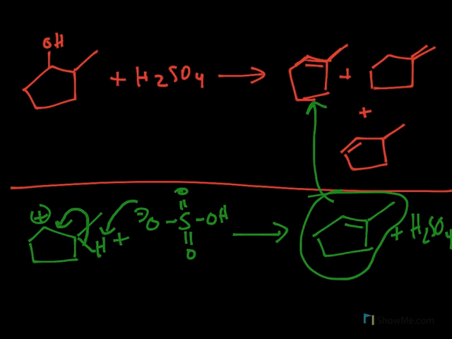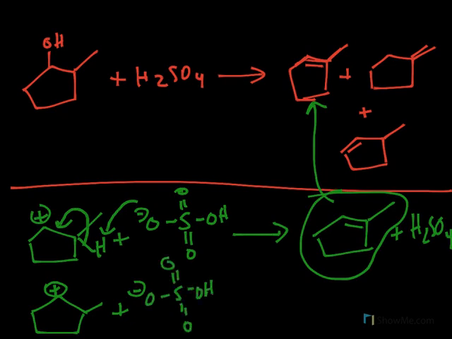Another product that can form, I'm going to draw it right here, is going to be this guy right here. So what happens if I instead grab this hydrogen right there, because that's also possible.